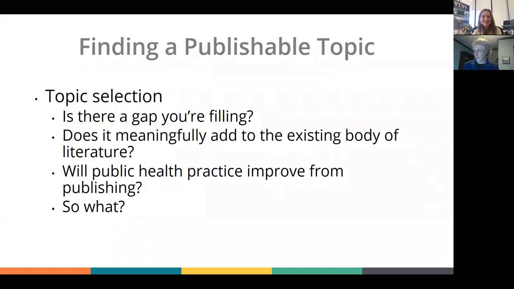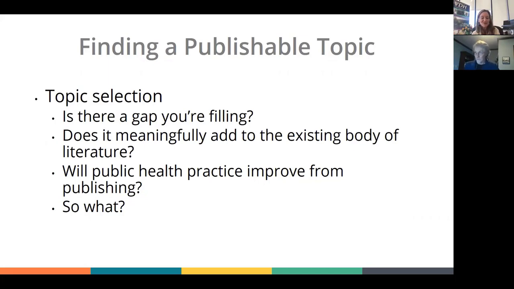And I think for those of us who've been trained in public health, and that's all of us, this really isn't significantly different from doing a community health assessment where we're assessing what's out there, we're assessing what's needed, and then we're finding an approach with our community health improvement plan to how we're going to address it. So it's no different from what we do every day. It's just translating what we do every day into a publishable topic.